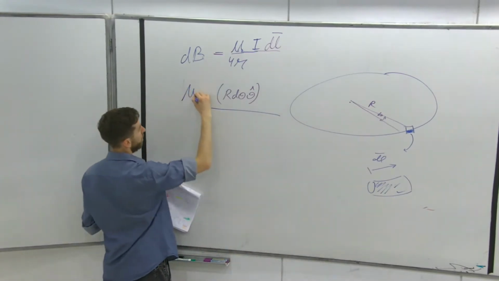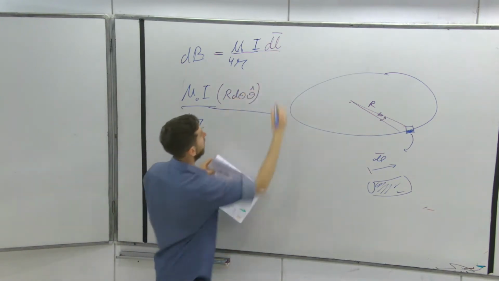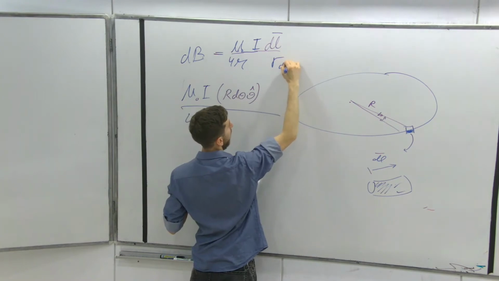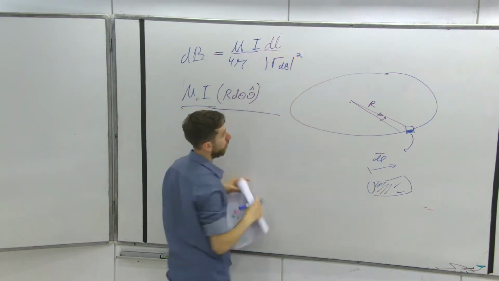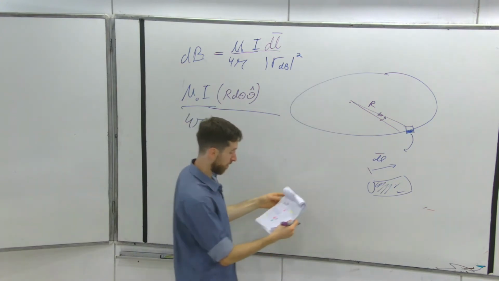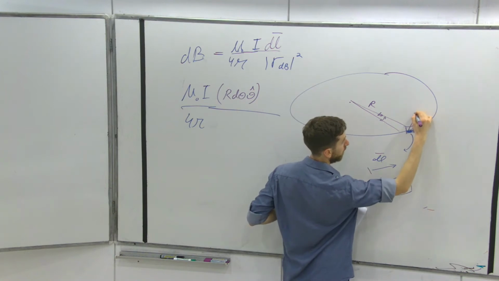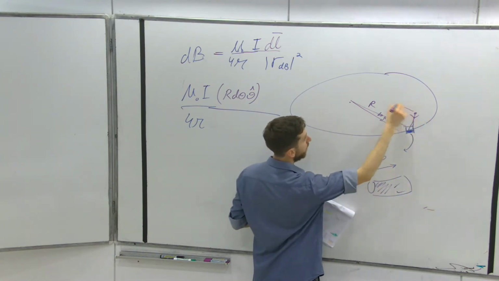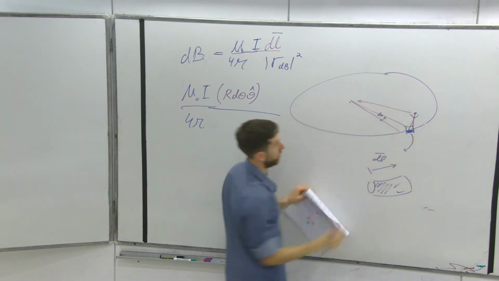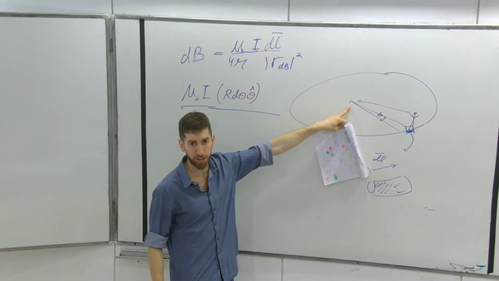I put here mu0 over 4 pi, and now I need to put r_dB magnitude squared. r_dB is a vector: I'm standing on dl, and I'm looking at the point of interest, where I want to find the magnetic field.